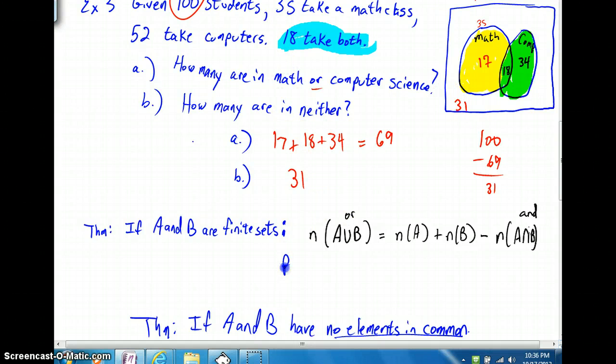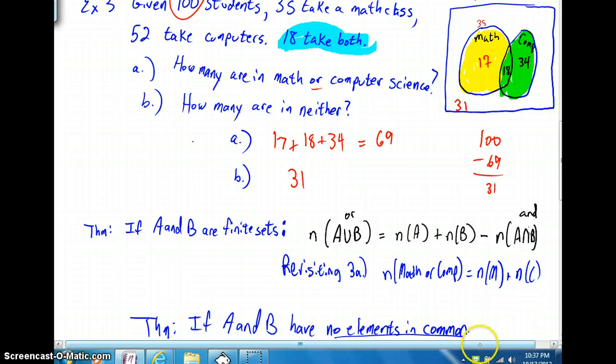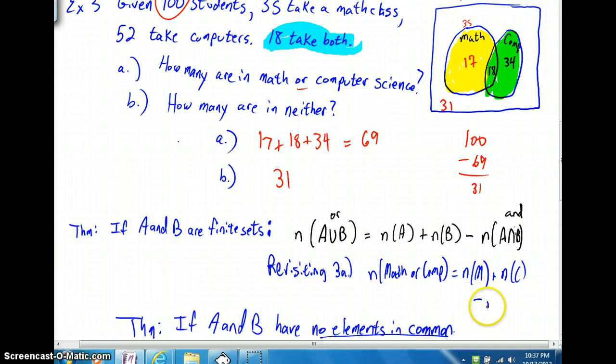Revisiting 3a from up above, if I wanted to find the number who are in math or computers, well, my goodness, I could take the number in math plus the number in computers minus the number who are in both.